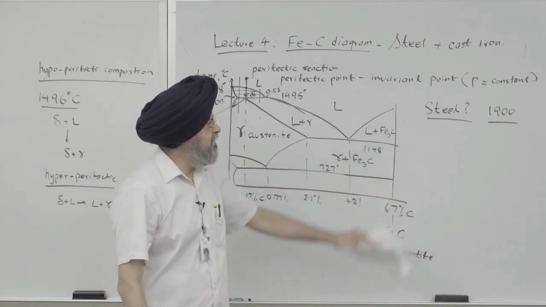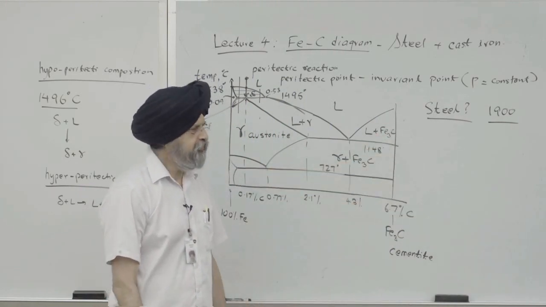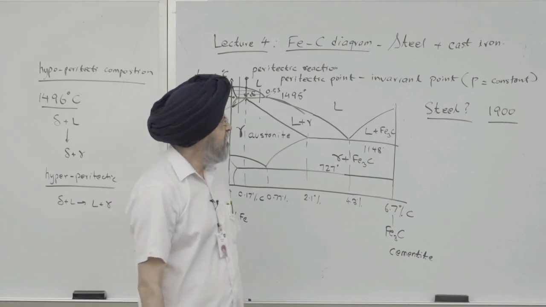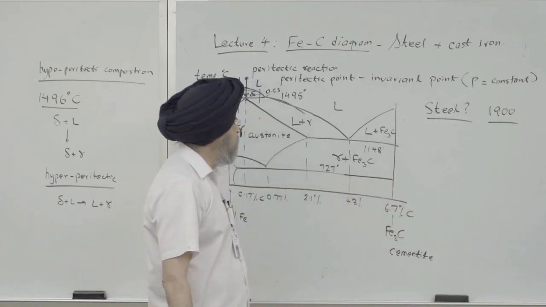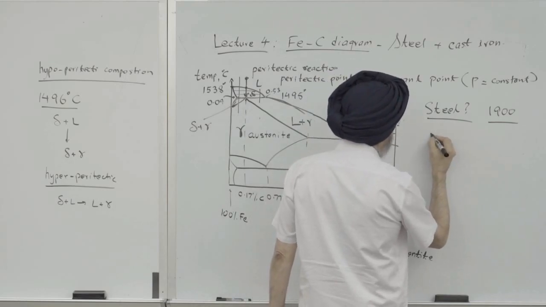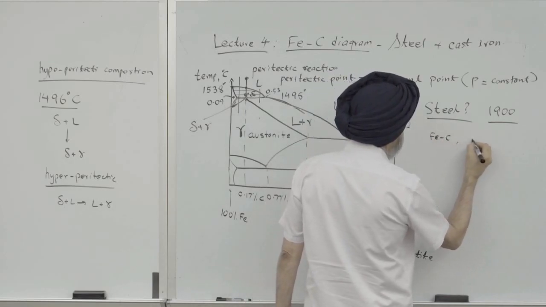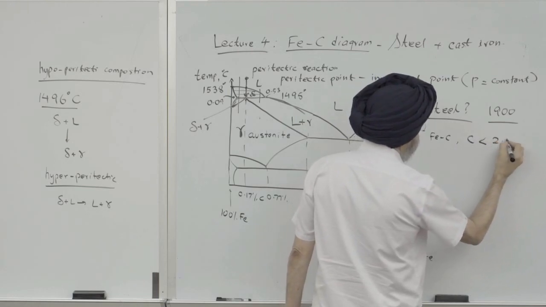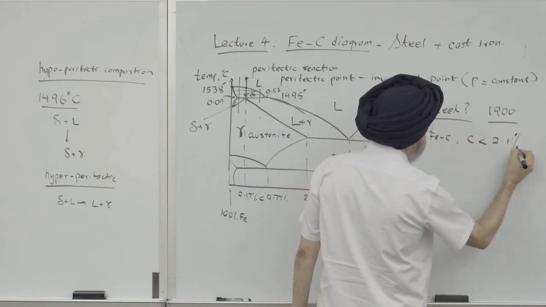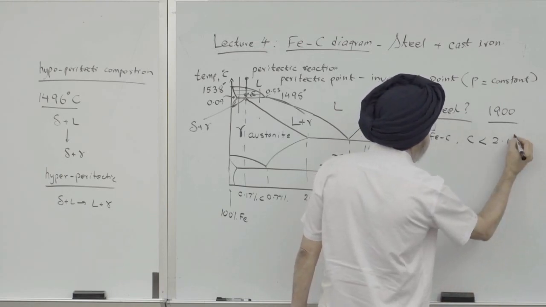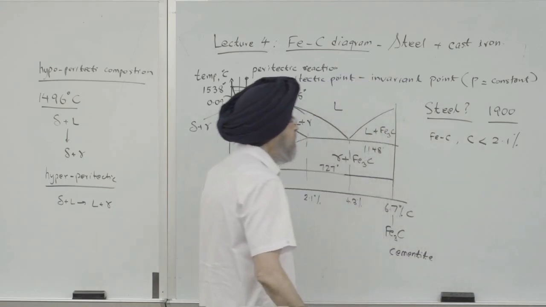They didn't know what steel is in 1900. They were using steel, but they had no idea what steel is. So steel is an alloy of iron and carbon with carbon less than 2.1%. When carbon is less than 2.1%, that is steel.